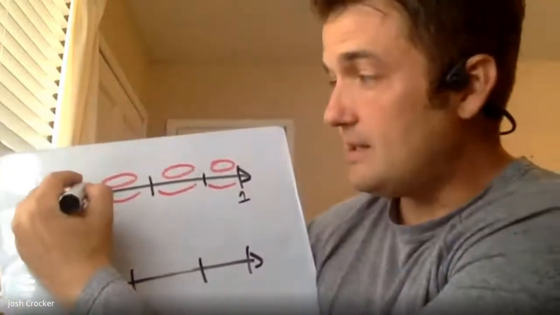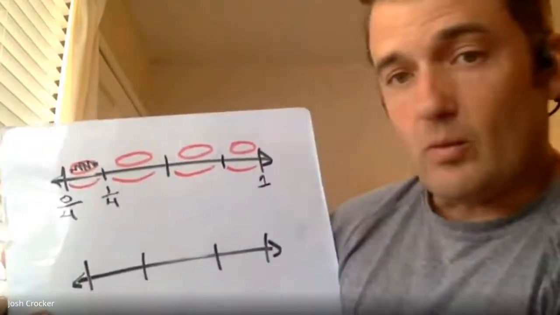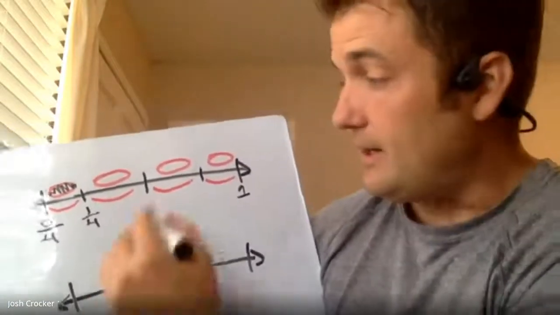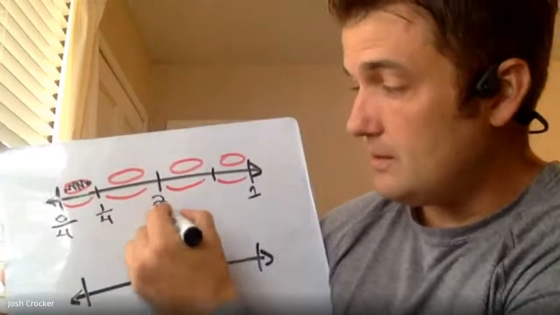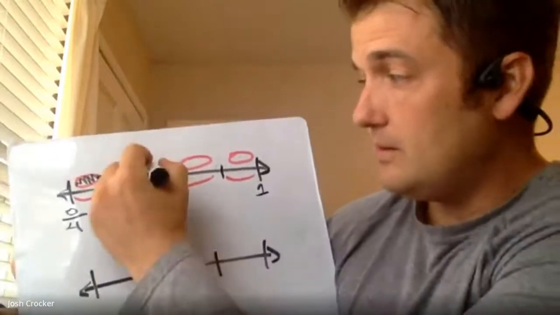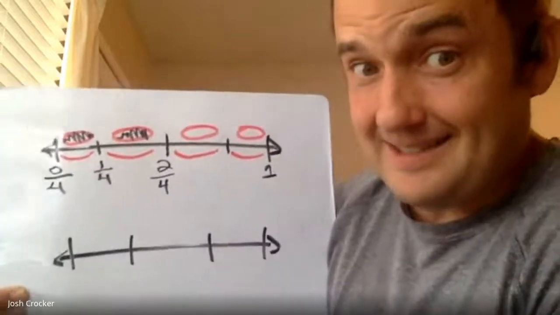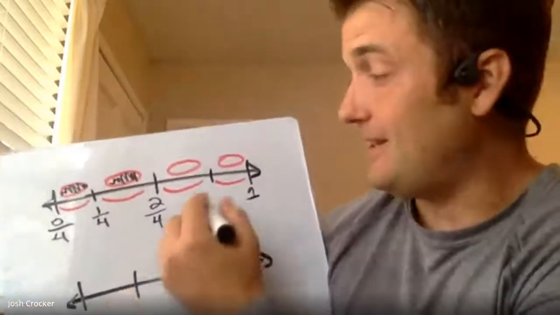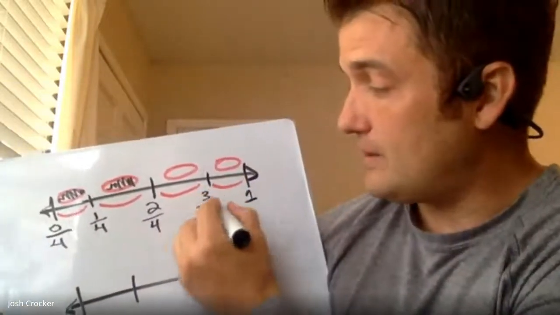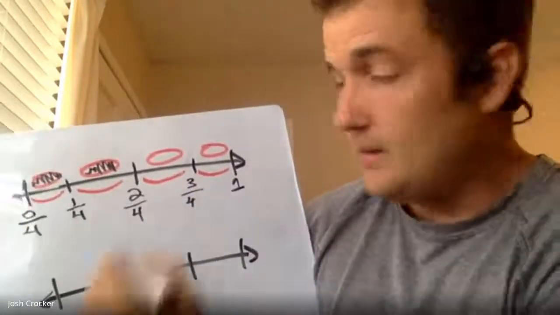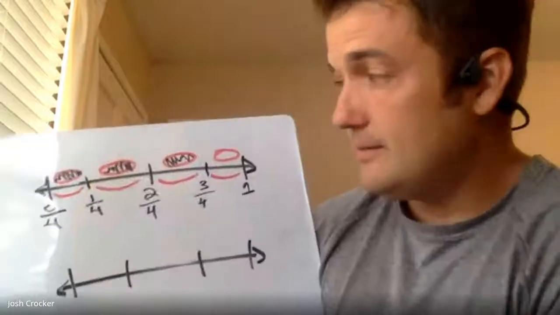If I shaded this, I could say 1/4 of my set is shaded. The next line is 2/4, which you might be thinking is the same as a half, and it is. And then 3/4.